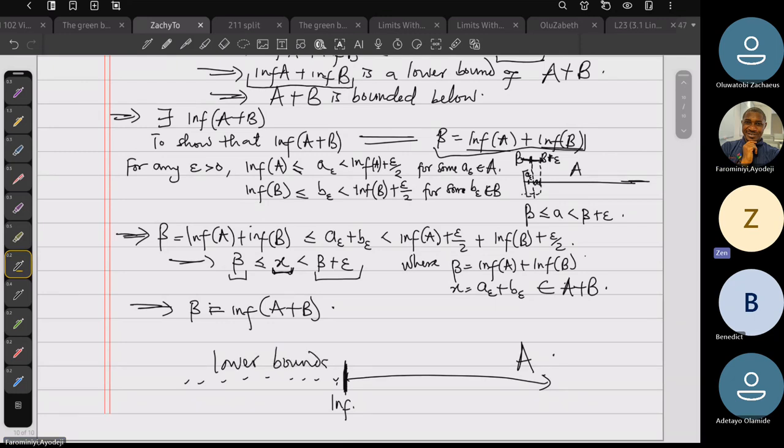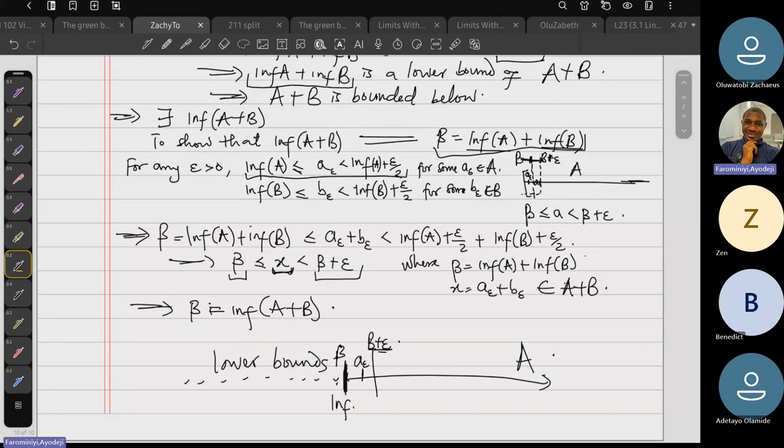We are saying if it is truly the infimum, if I pick any epsilon, meaning any real number, and add it to beta, then if this is beta, beta plus epsilon will be here. So we have seen that there will be an A, an element in between beta and beta plus epsilon. That's what we have written here.